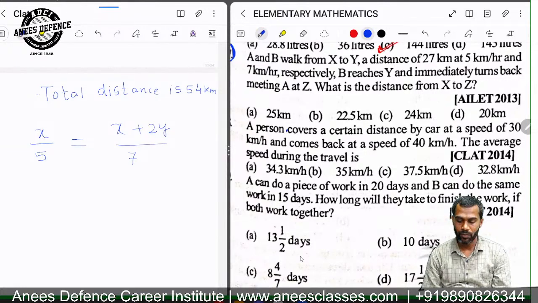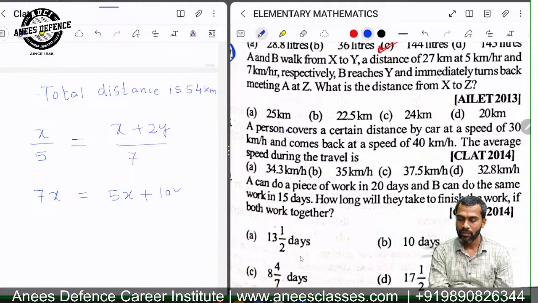Now what it becomes, tell me. 7x equals 5x plus 10y. So 2x is equal to 10y. Now x is equal to 5y.